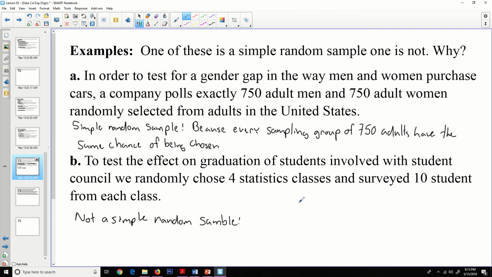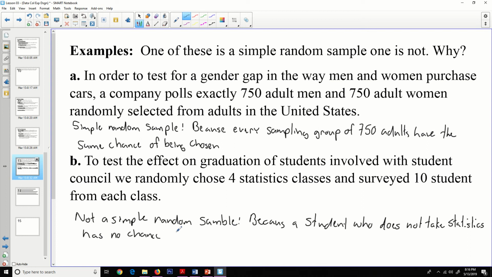And the reason is that a student who does not take statistics has no chance of being selected.